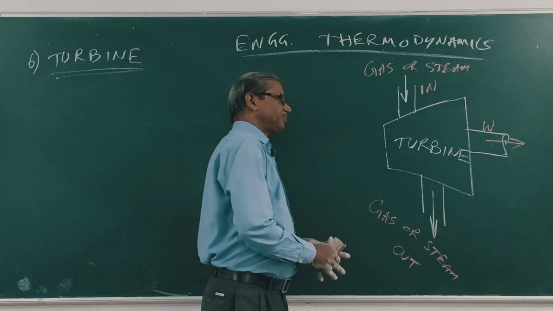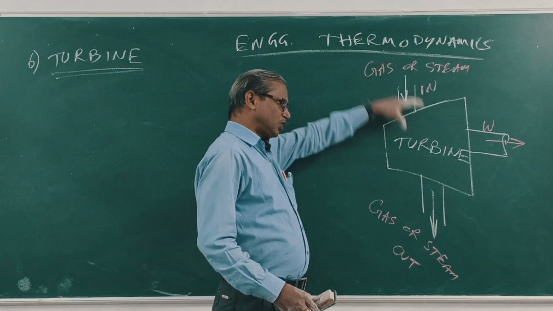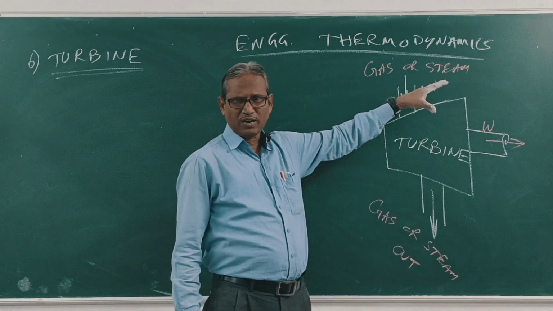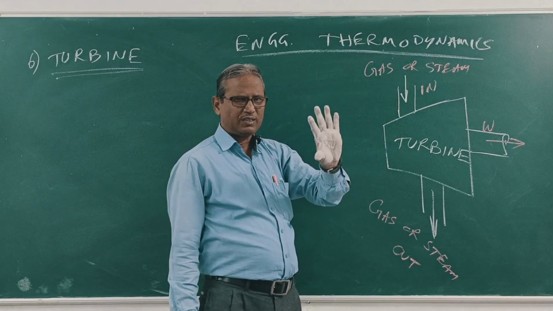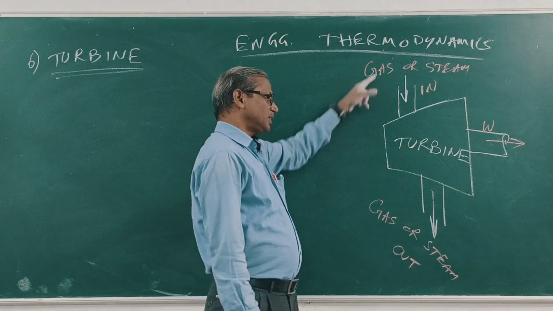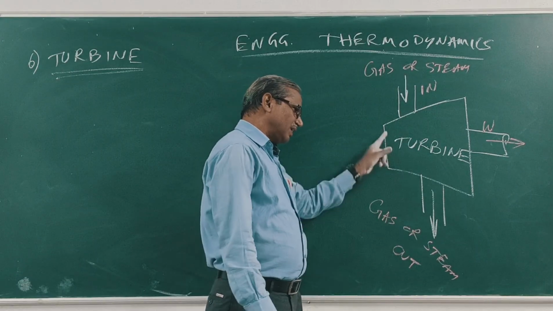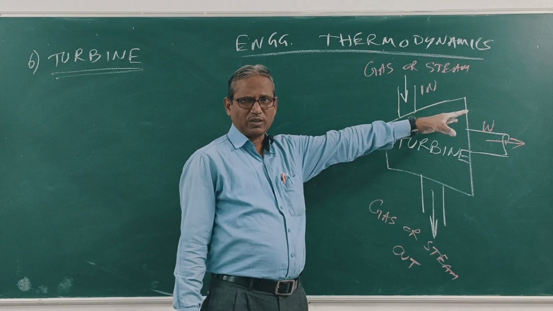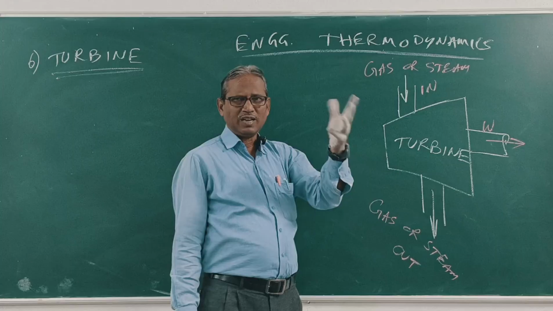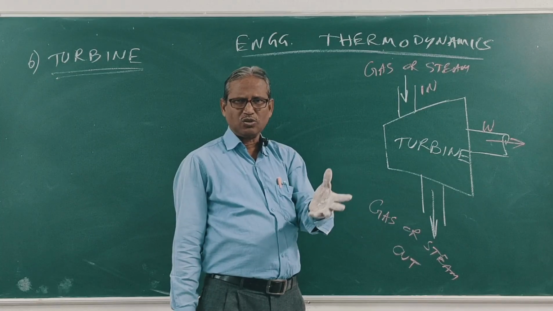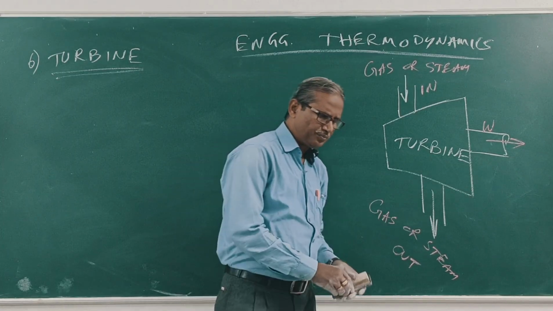What is a turbine? In this case, this turbine is insulated, no transfer of heat, Q is 0. This is gas or steam in, gas or steam out. It converts the energy of the working substance into work. Clear?